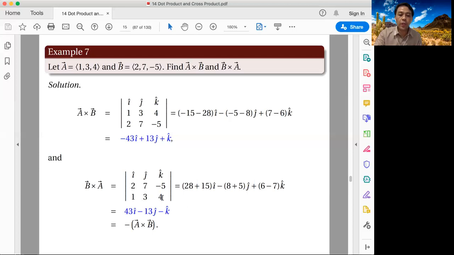Minus, you get a 2 times 4, that's an 8, minus 5, that's a plus 5. And then plus, you get a 2 times 3, 6, minus 7, what we have here. And this is 43, this is minus 13, and that is negative 1. If you compare that with the first cross product, we get the negative, which validates our theorem.